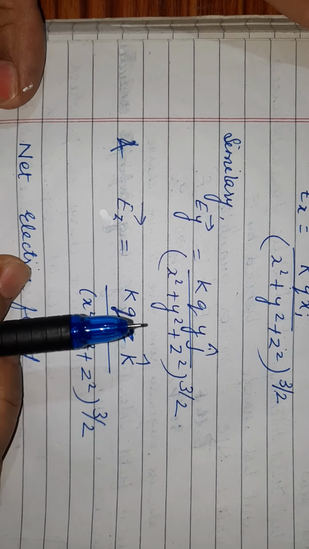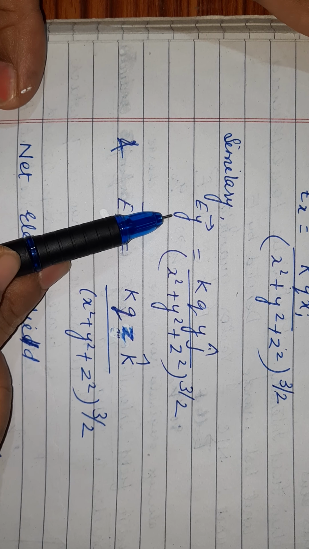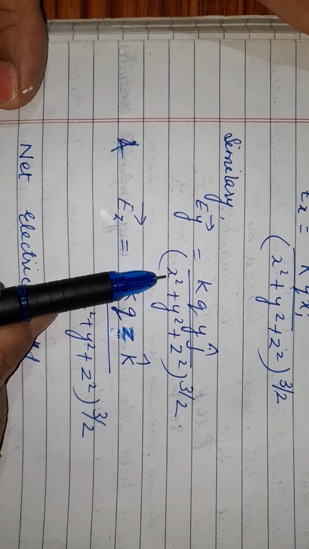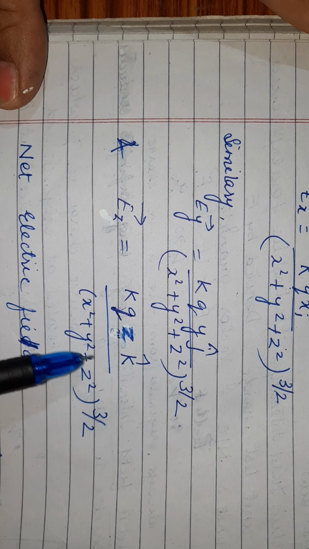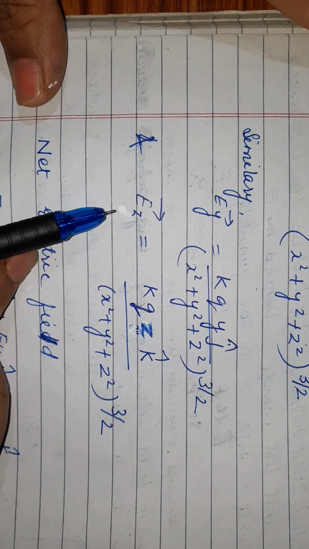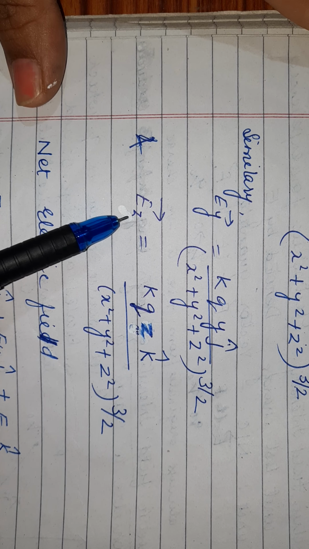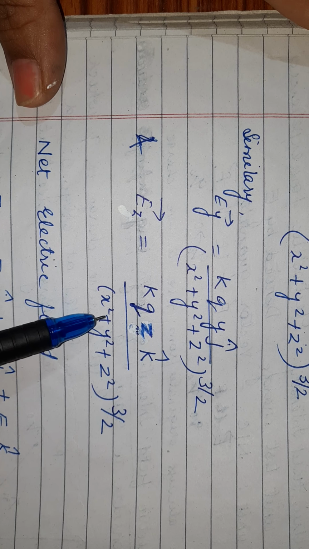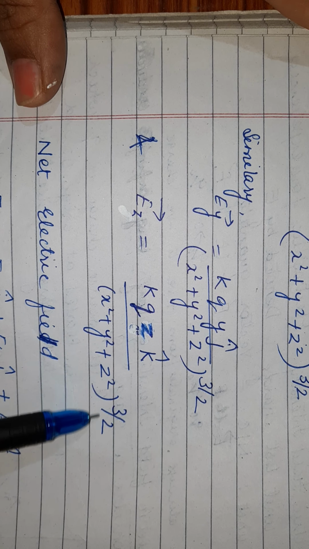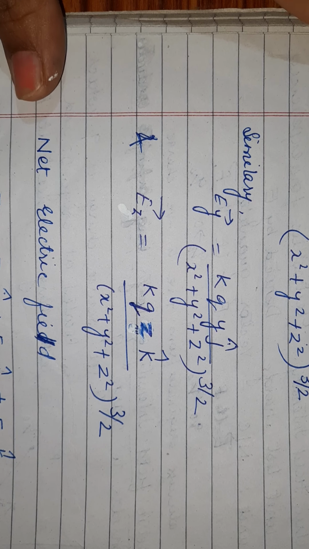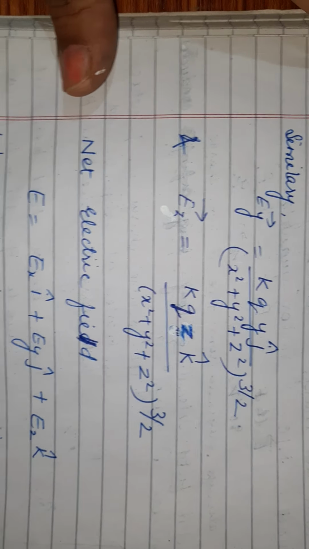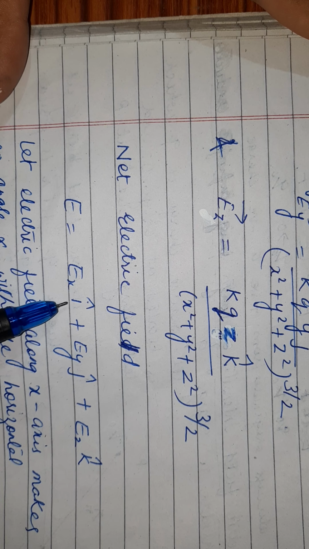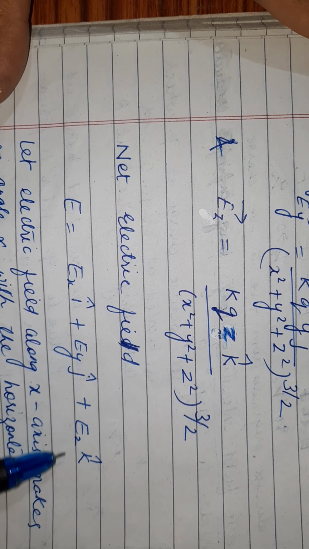Similarly, the electric field intensity along the y direction is k q y j cap divided by x square plus y square plus z square to the power 3 by 2, and along the z direction it can be written as k q z k cap divided by x square plus y square plus z square to the power 3 by 2. Now the net electric field will be E equals Ex i cap plus Ey j cap plus Ez k cap.